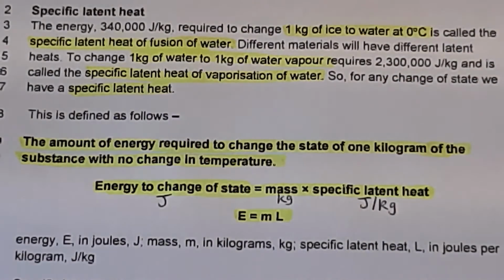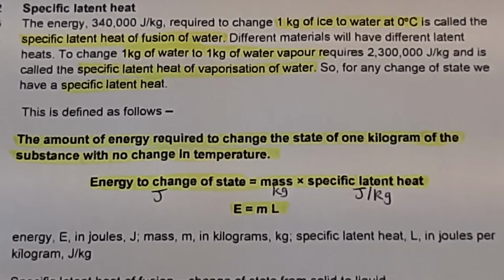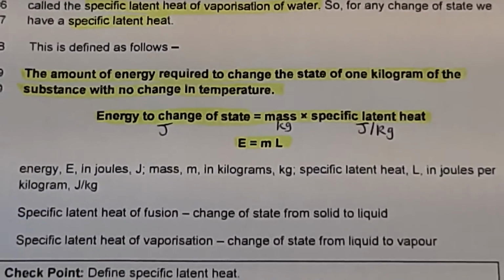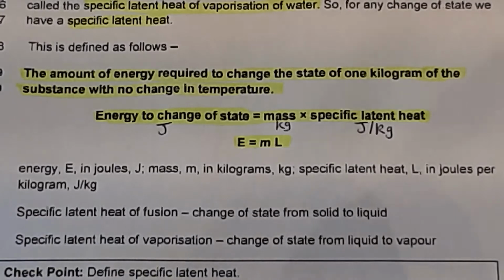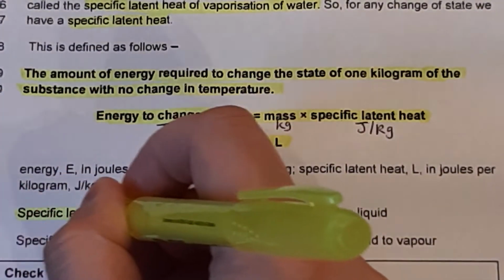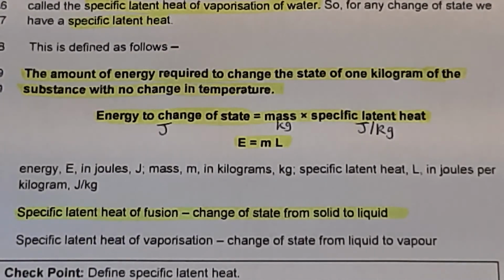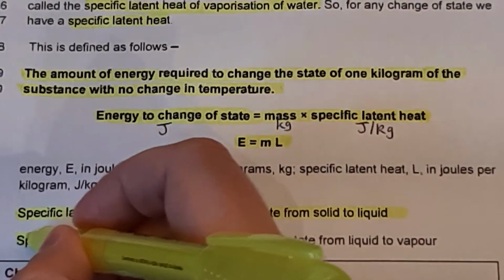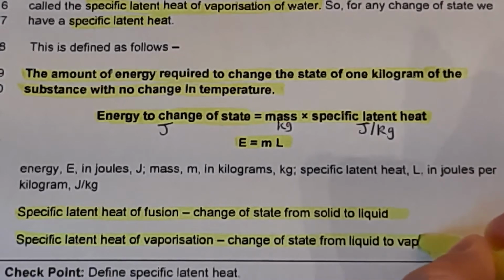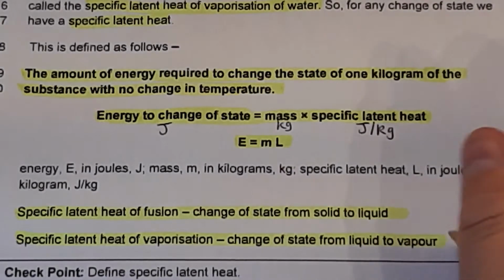As we already stated earlier, specific latent heat of fusion is a change from solid to liquid. And the specific latent heat of vaporization is a change of state from liquid to vapour or gas.